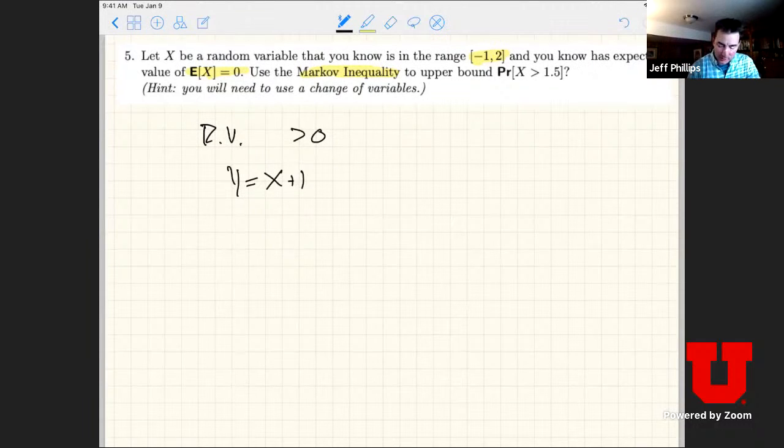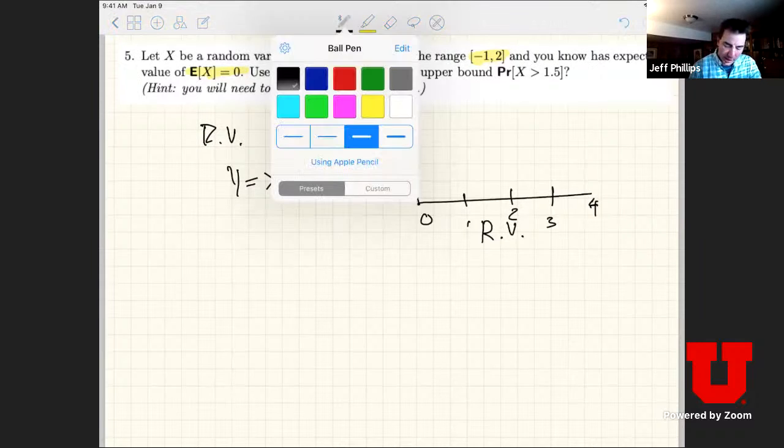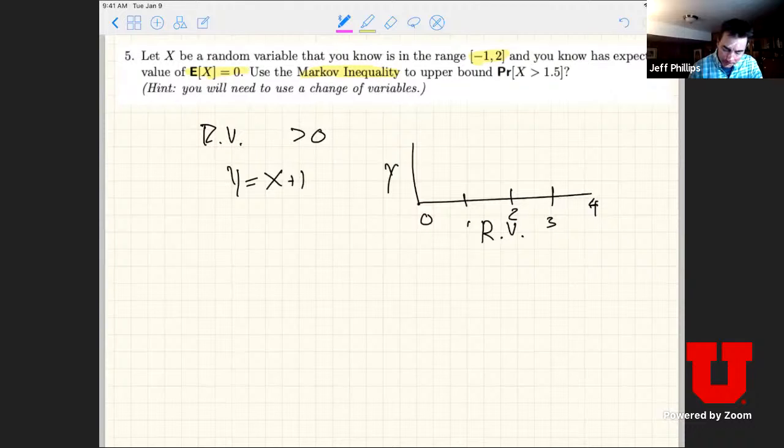And now I'm going to have a random variable from 0 to, let's say, 4, and this is 3, 2, and 1, and this is the value of y. It's going to have some value here, but afterwards it's 0. So this is what I know about y.